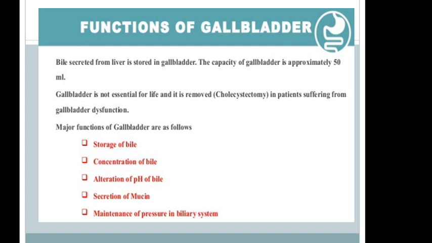But while eating food or when chyme enters from the stomach into the intestine, the pressure is increased from 7 to 20 cm H2O and the sphincter of Oddi is also relaxed. So when it is relaxed, there is a secretion of bile from the gallbladder or liver into the duodenum. Okay, so maintenance of pressure in the biliary system through the gallbladder is by the sphincter of Oddi.